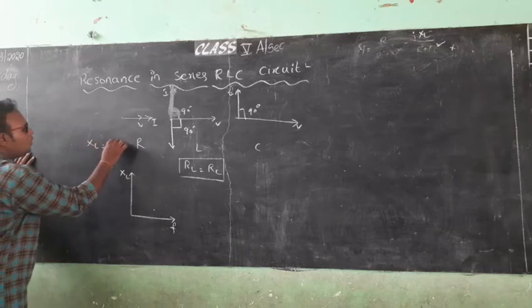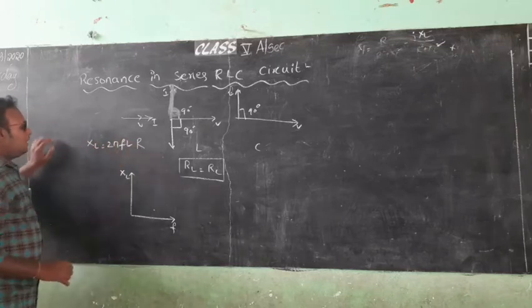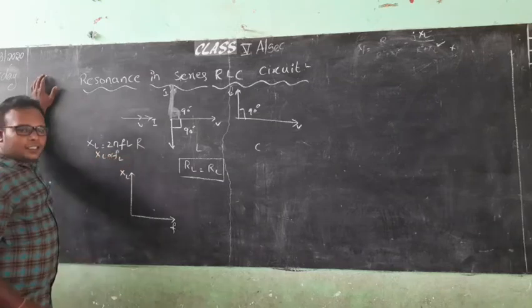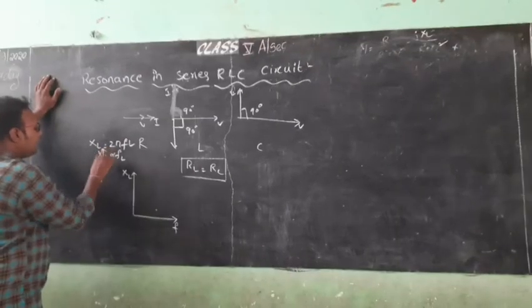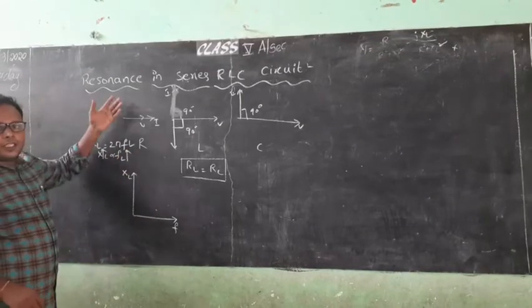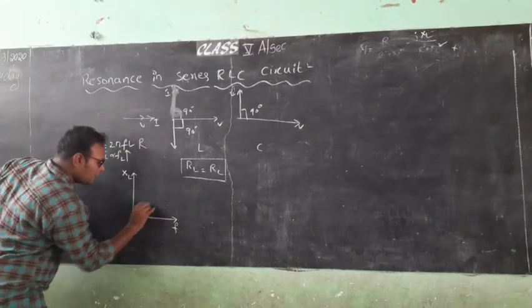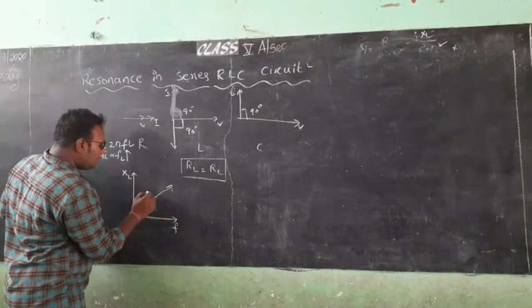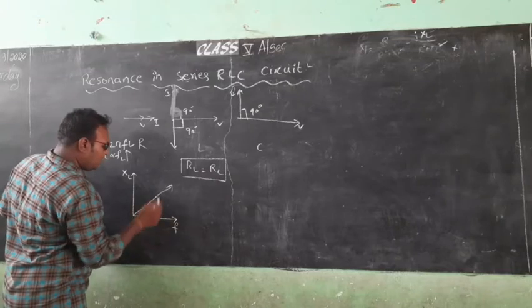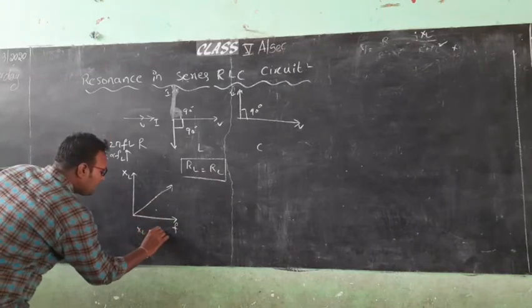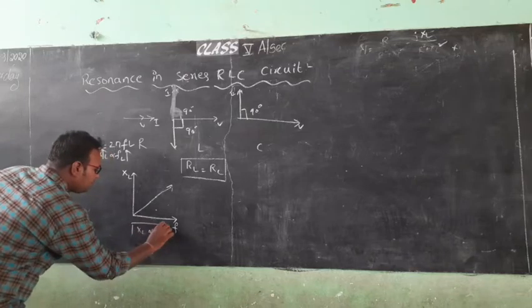XL is equal to 2 pi FL, so XL is directly proportional to F. If the frequency is increased, XL automatically increases. So the result is a straight line.